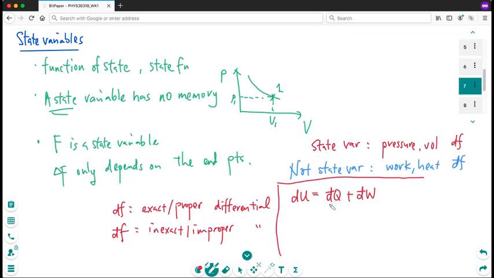So we know how to deal with this, and how to deal with d bar q is a long story that will eventually lead us to the second law. So what is the integrating factor to turn d bar q into an exact differential? Again, a preview: you will see you need to introduce the notion of entropy.